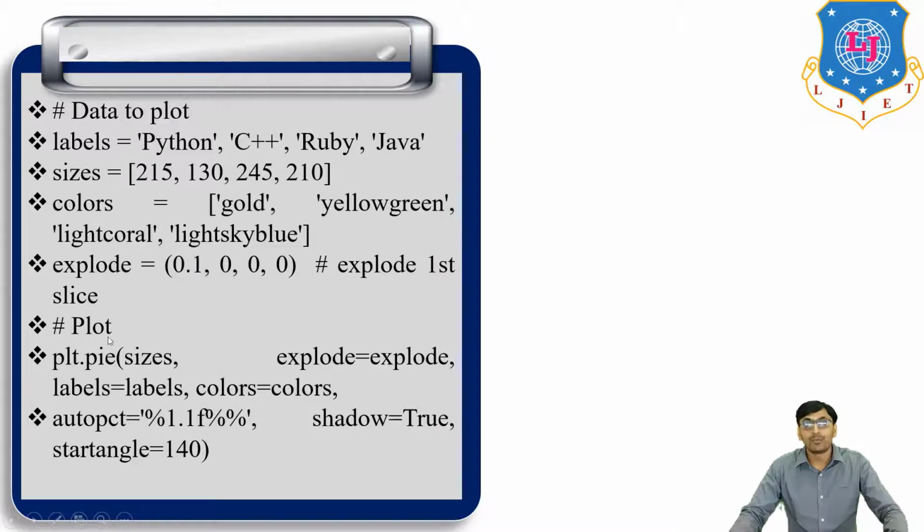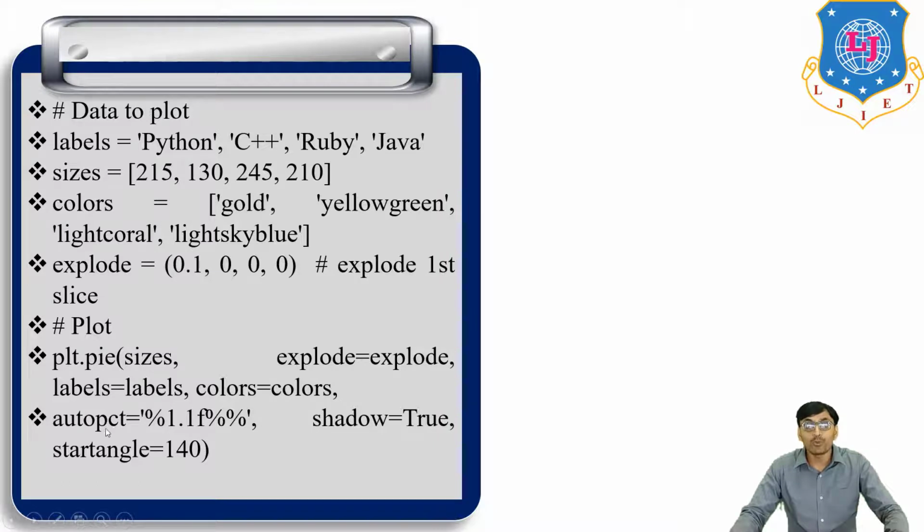Then for the plot, plt.pie, in the bracket sizes means 215, 130, 245, 210. Then explode is equal to explode, so the first slice explodes. Then labels is equal to labels; labels means Python, C++, Ruby and Java. And colors is equal to colors.